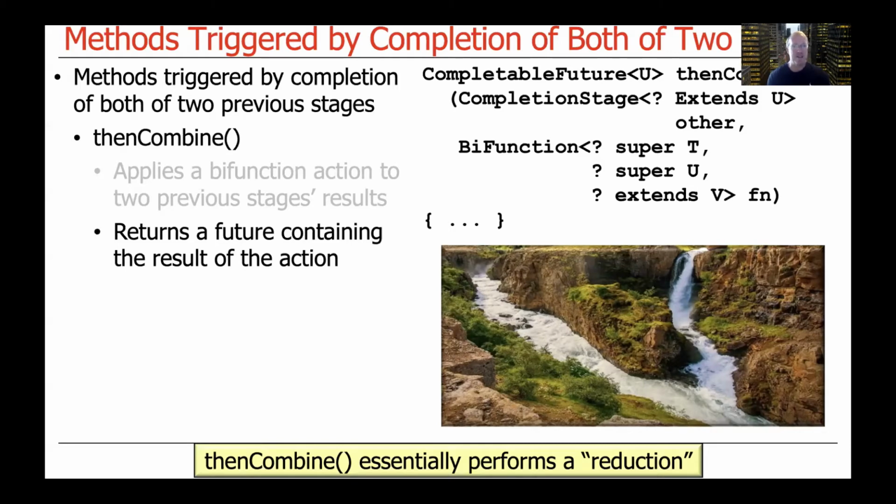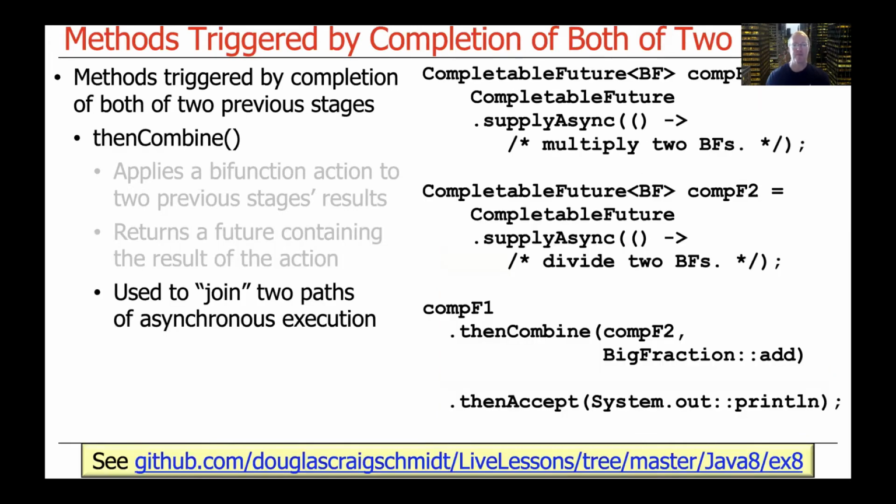It's a bit like a very limited form of a collect method from Java streams, not as generalized, of course, as Java streams, because you can have many items that are collected in a Java stream. But in this case, it's two items that are being joined together. So it's kind of like two streams coming together to form a single stream. We typically use then combine to join two paths of asynchronous execution.